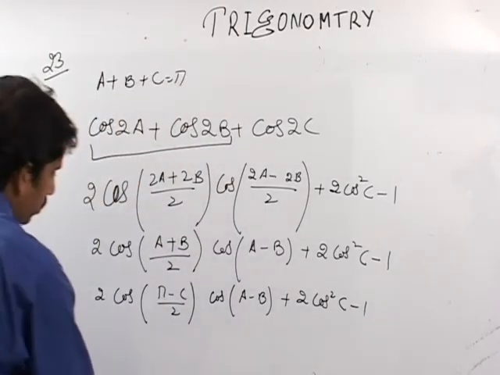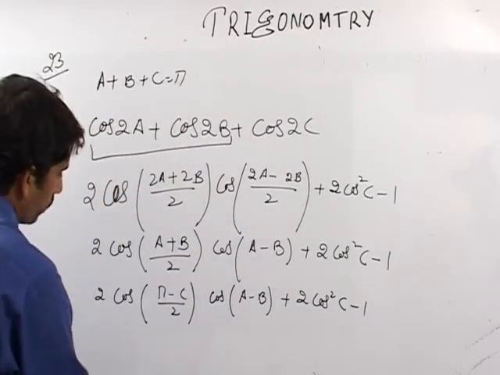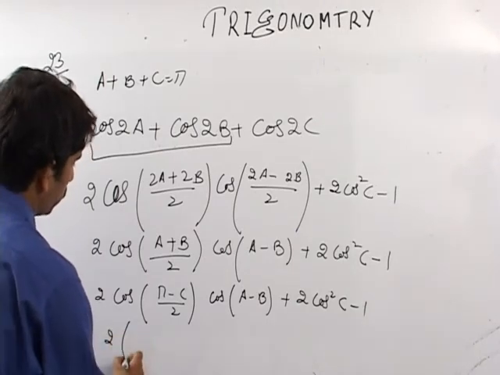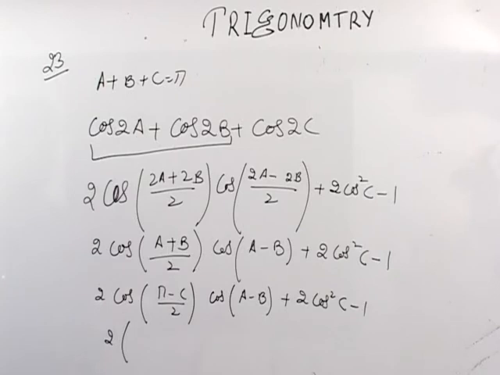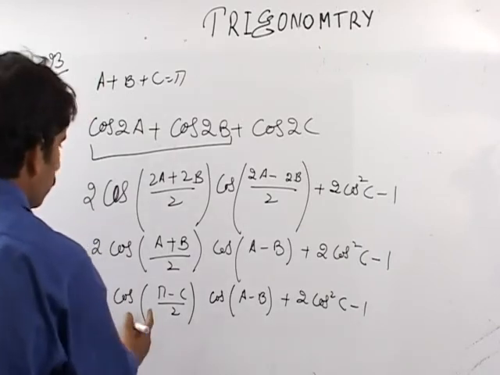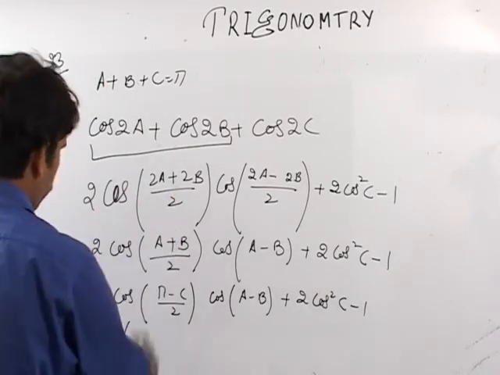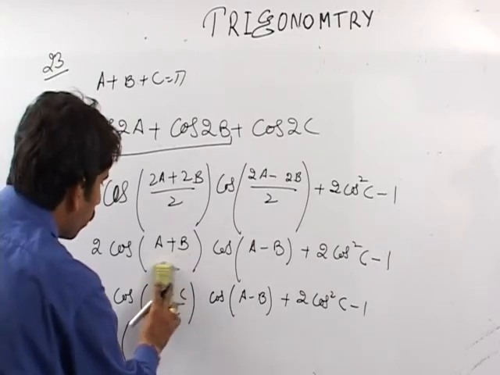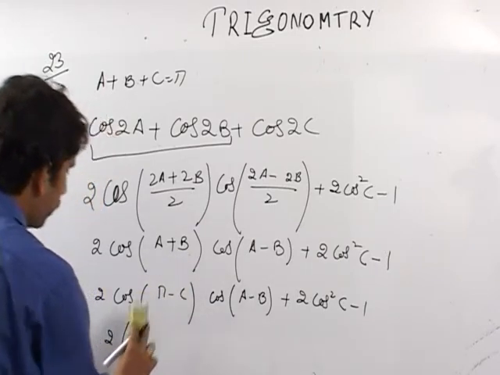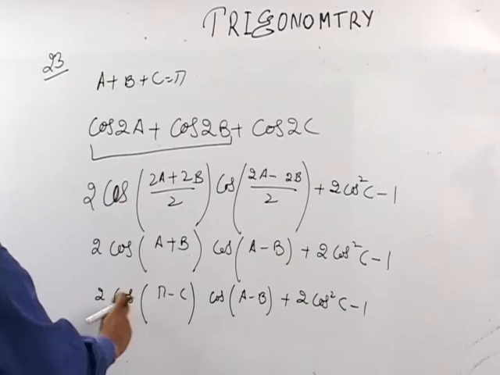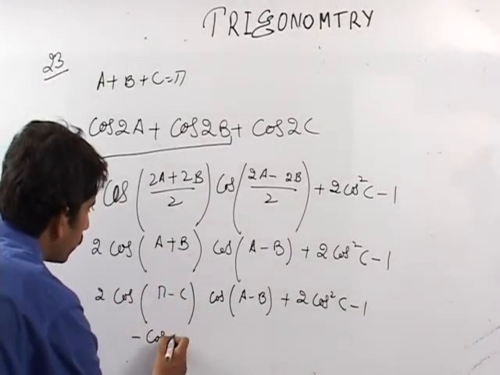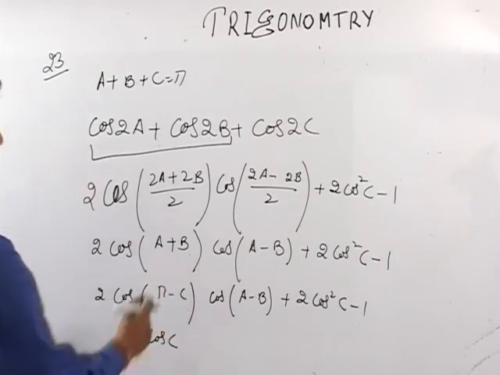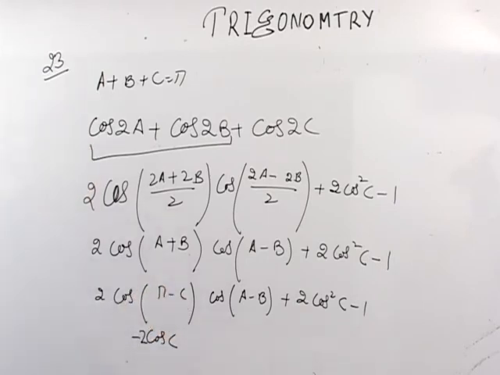Now this is equal to 2 cos of (pi by 2 minus C by 2). So from here this will become 2 cos of pi by 2 minus C by 2, which is sin C by 2, sorry, this will become minus cos of C, because this also lies in the second quadrant.